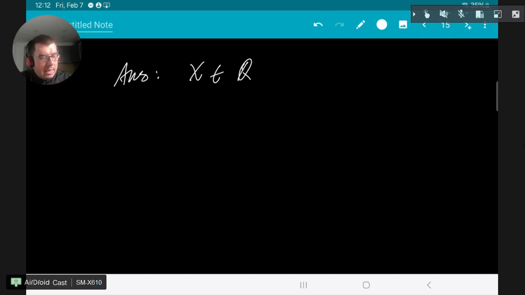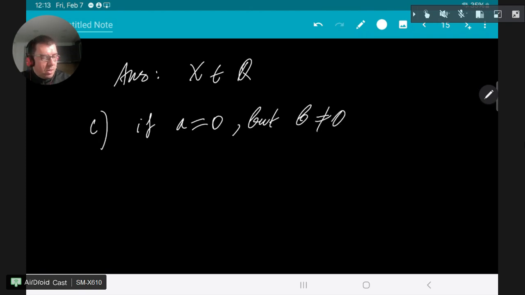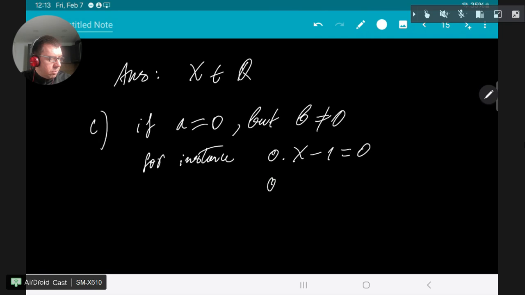Okay? Now the third option is if a is equal to 0 but b is different from 0. So for instance, 0 times x minus 1 equals 0, or 0 times x equals 1.